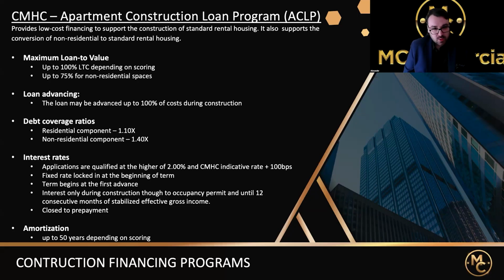How does the rate work in this program? Well, it is a fixed rate. There's no option for floating. And it starts right at the beginning of construction. When you start construction on your first draw, they're going to lock in your rate for your entire term. And the first term is a 10-year term. So even though you're not stabilized, you're not done construction, they lock in your rate for 10 years. But during construction, you're still going to be paying interest only.